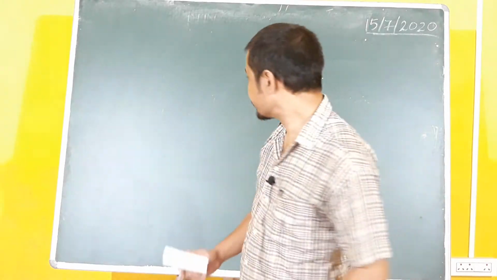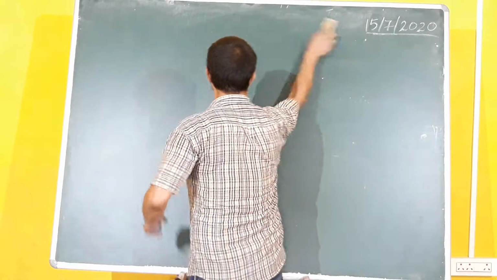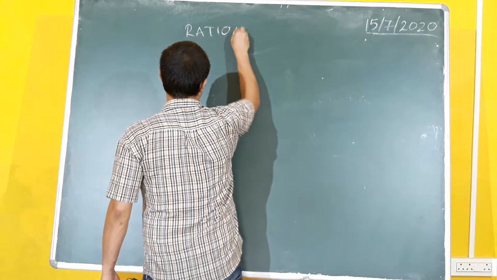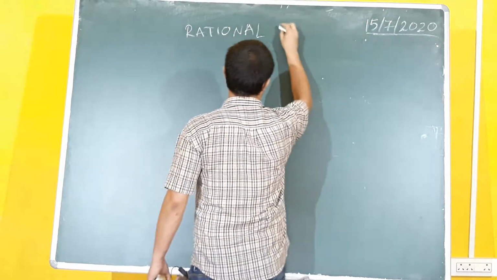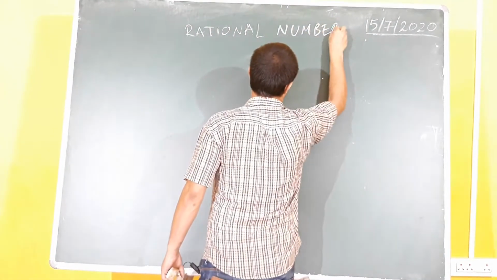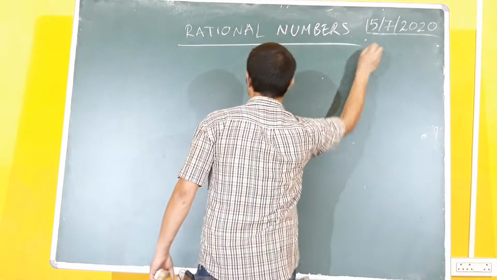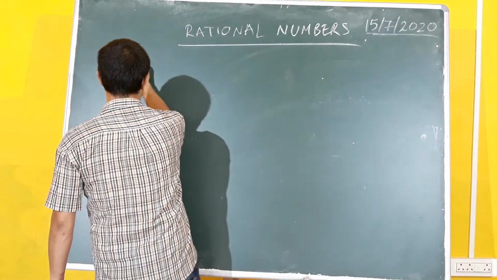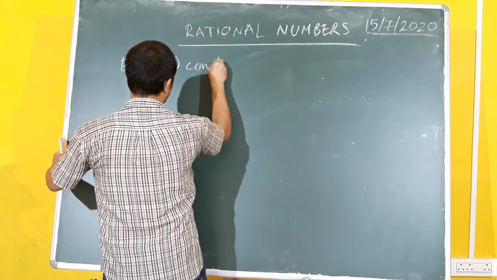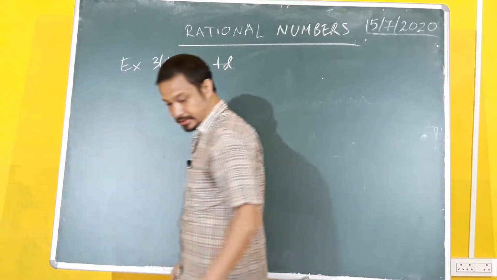So I think we were doing rational numbers. This is exercise 3A, continued.